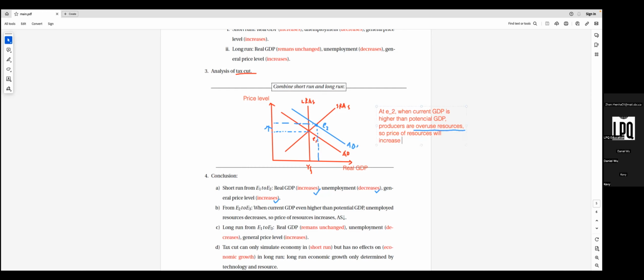So the price of resources will increase, and then producers will reduce the quantity produced, shifting short-run AS.